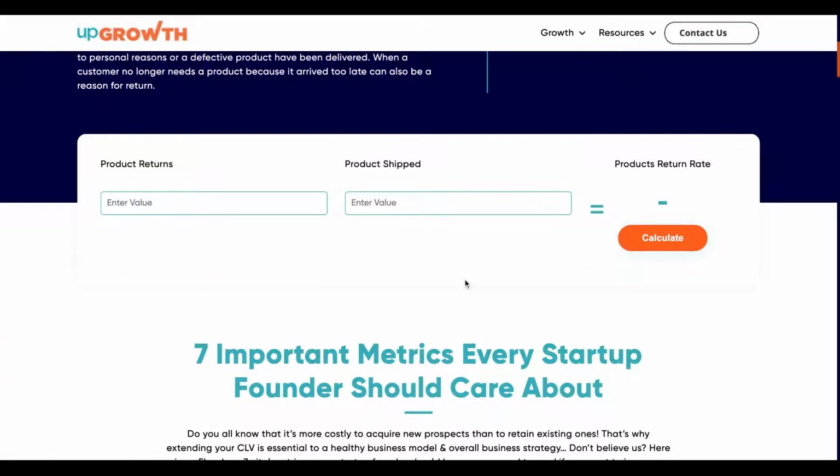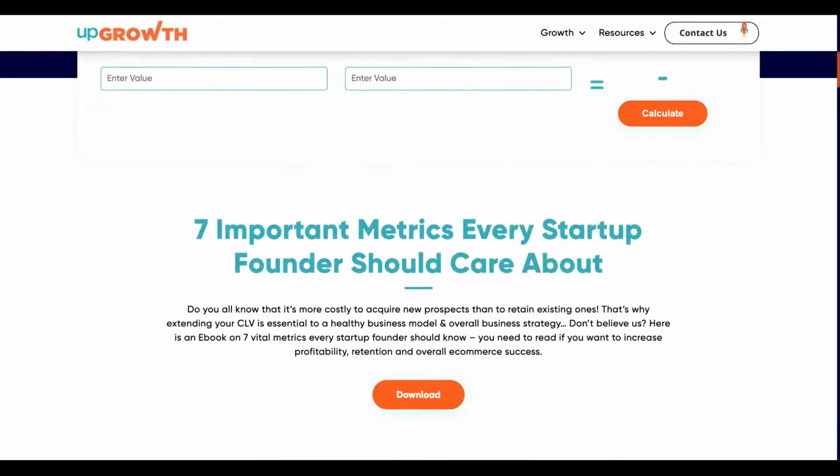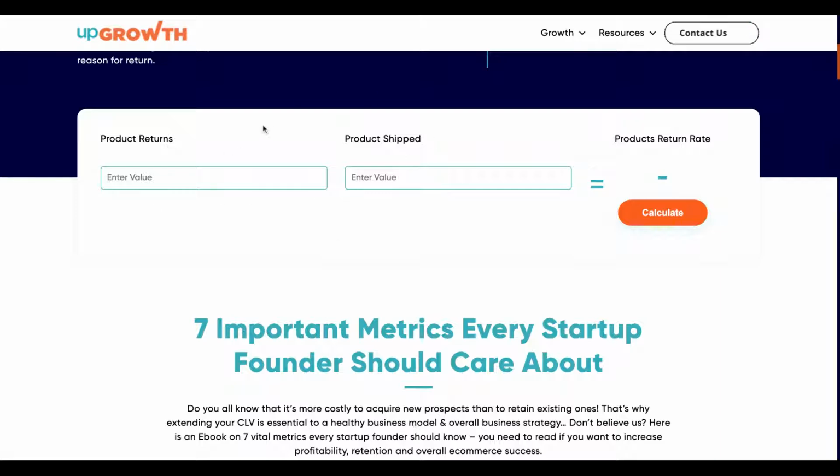Product return rate is a very important KPI, particularly for sectors that can gain significant insights from monitoring their return rates, particularly e-commerce retailers, apparel, fashion, consumer electronics, home goods and furniture, and basically online businesses who face higher return rates due to factors like sizing issues or product misrepresentations. So calculating your return rate can be an effective way to get started on your marketing strategy.